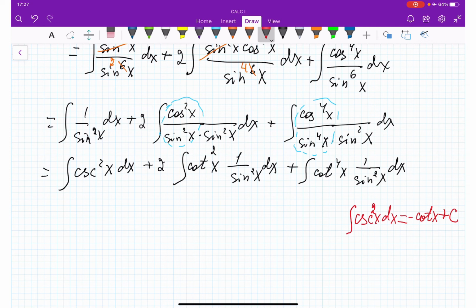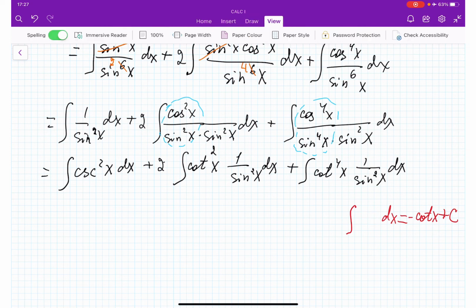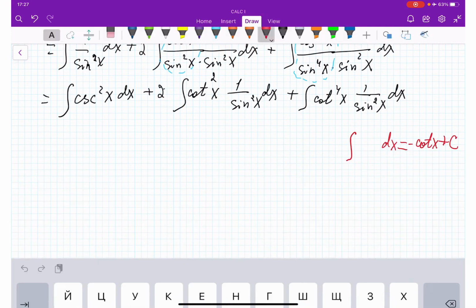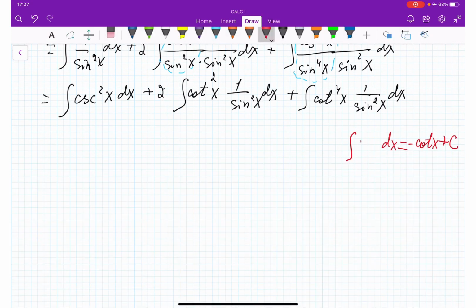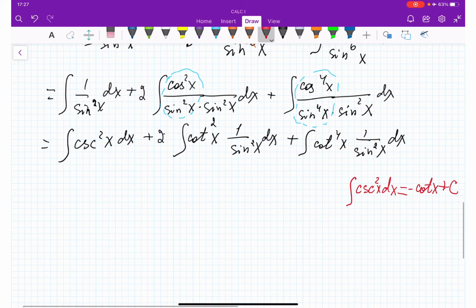It's a negative logarithm of cosecant plus cotangent, so it's a longer story. But cosecant squared is shorter, easier, that's cotangent. All right, so from the first integral we are going to get negative cotangent x, right?